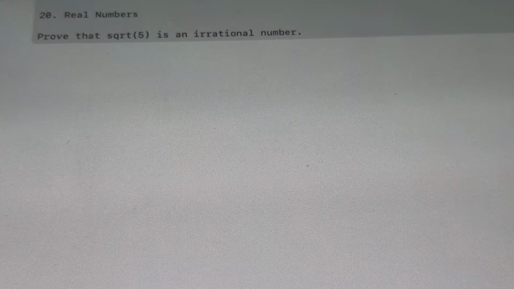So here we have to prove that root 5 is an irrational number.